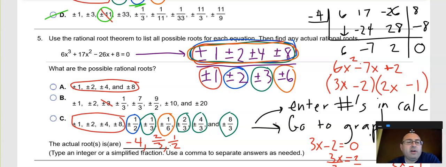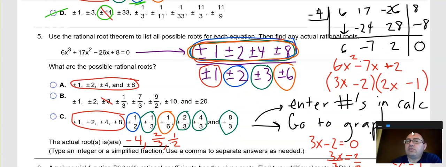So here we have number 5. We went through the rational roots, doing the exact same thing that we just talked about, factors of 8, factors of 6, all that good stuff. And so 1, 2, 4, 8 across the top, 1, 2, 3, 6 across the bottom, and started matching everything up. It ends up that we have a pretty significant list, and choice C is the one that has the correct answers in it.